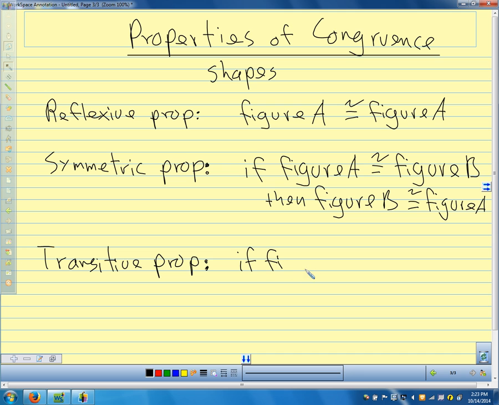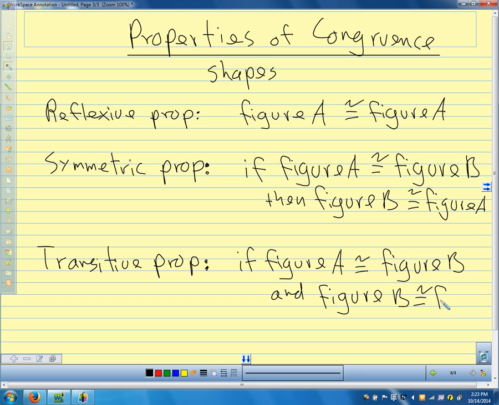So if figure A is congruent to figure B, and figure B is congruent to figure C, then figure A is congruent to figure C. So it lets me link this first one, A to B, B to C, so that lets me link A all the way to C. That's what the transitive property does. Lets me link things together.